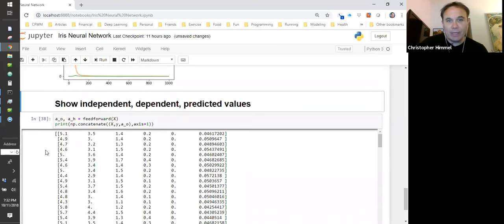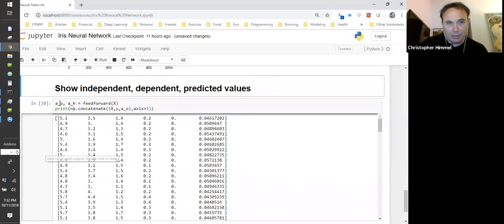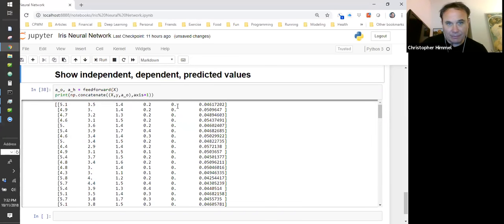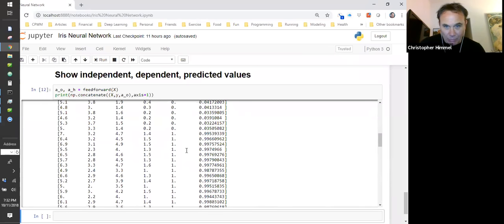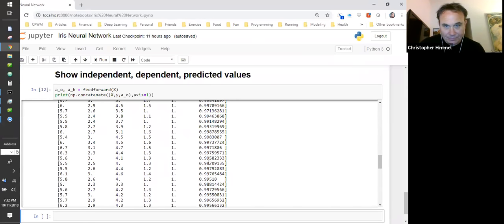Now what I'm doing here is lining up each data point, the 4 inputs, what the expected output should be, and what my model calculated. So let's run this. If you notice, all the zeros are about 0. They guess pretty good. All the ones are about 1. And then here's the 2.